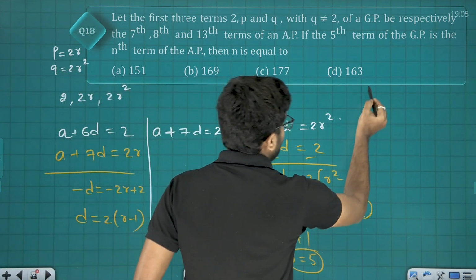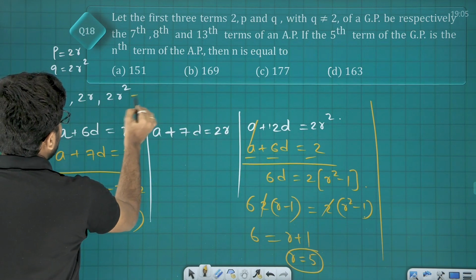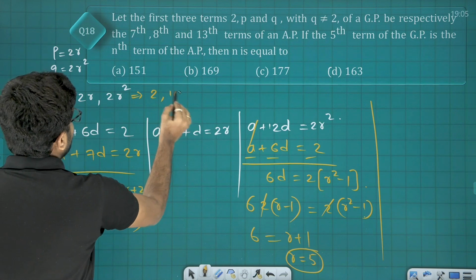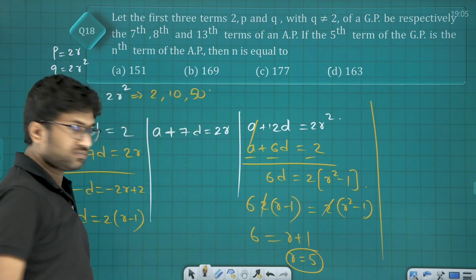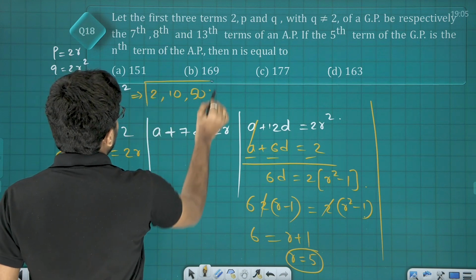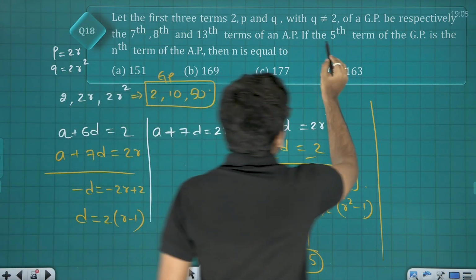If r is 5, what will be the terms now? 2, 5 twos are 10, and 2r square, 50. These three are the GP now. Now what they are asking, the fifth term of the GP.